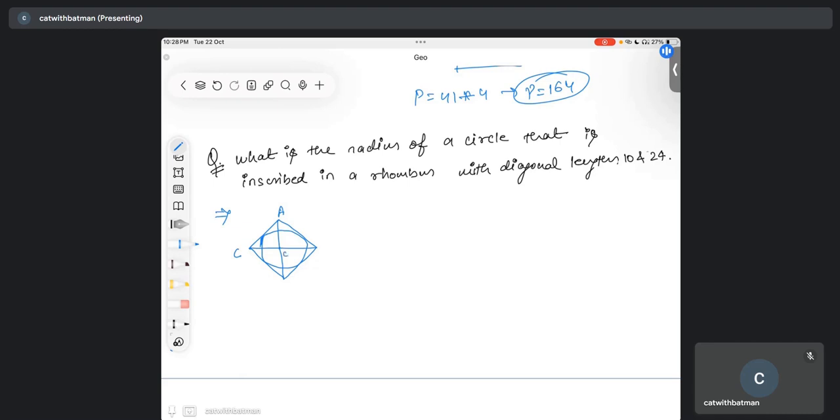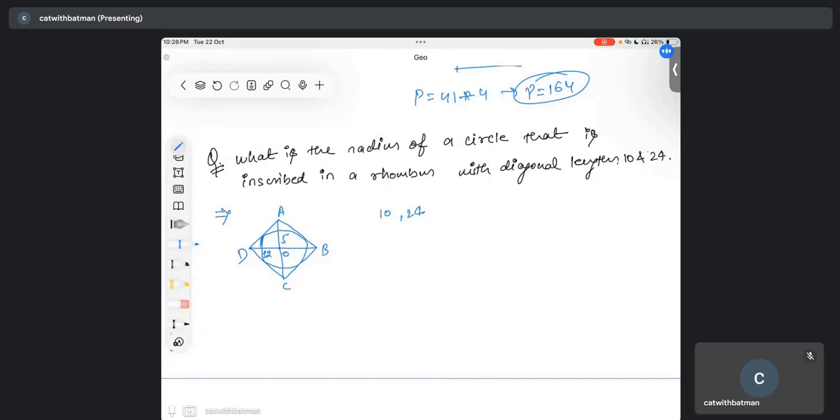They obviously bisect each other. Let's say this is O. So diagonals are given as 10 and 24. Let's say this AC diagonal that you have, the length of this is 10. So this will be 5, this will be 5. And the length of BD diagonal that you have is 24. So this DO will be 12, right?